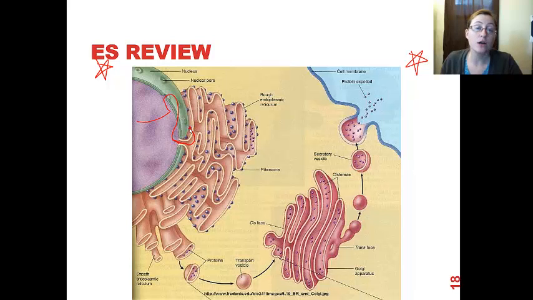And that's where our protein is made. So we read the information that's in our DNA and it produces a protein. Then it's going to move through the ER, okay, as it's being finished. Maybe it moves into some of the smooth ER, it depends.